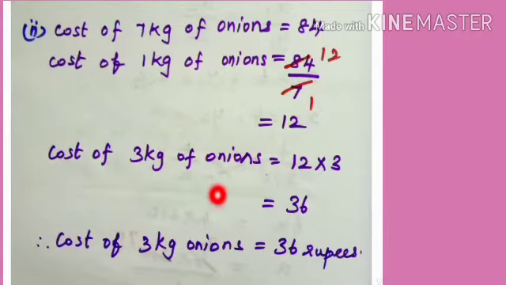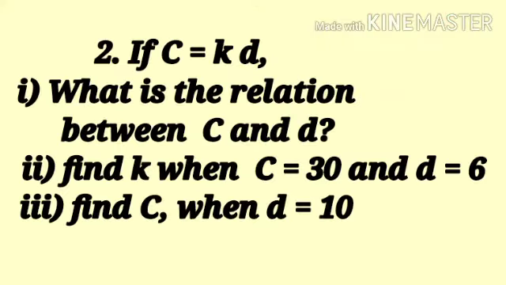We multiply 3 with the cost of 1 kg, that is 12 into 3. 12 threes are 36. So hence we have found that the cost of 3 kg of onions is equal to 36 rupees.